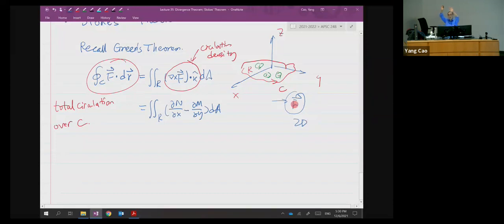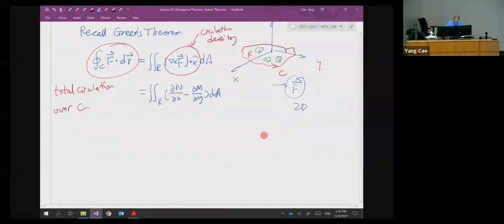Within 3D, you have a vector field and a closed curve C somewhere in 3D space. How are we going to get this circulation concept? That's where Stokes theorem comes into the picture.